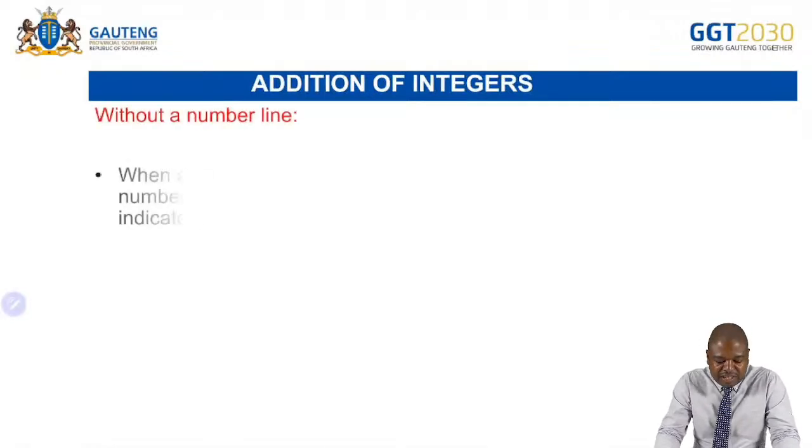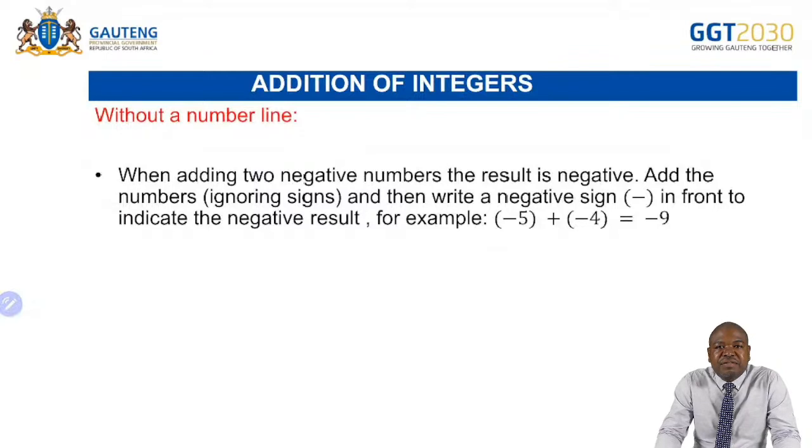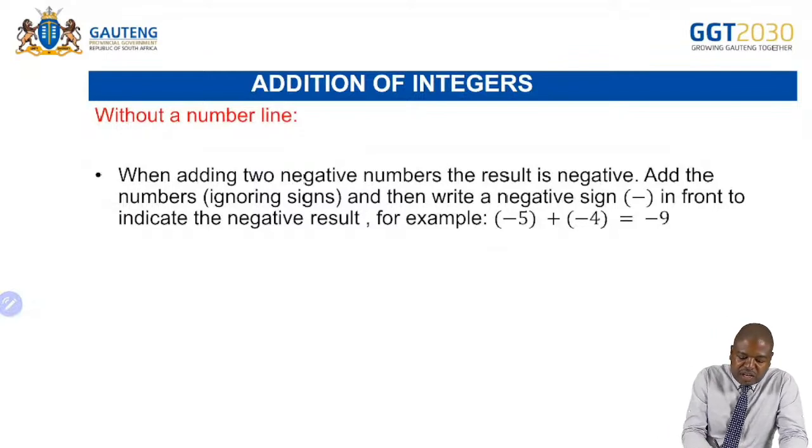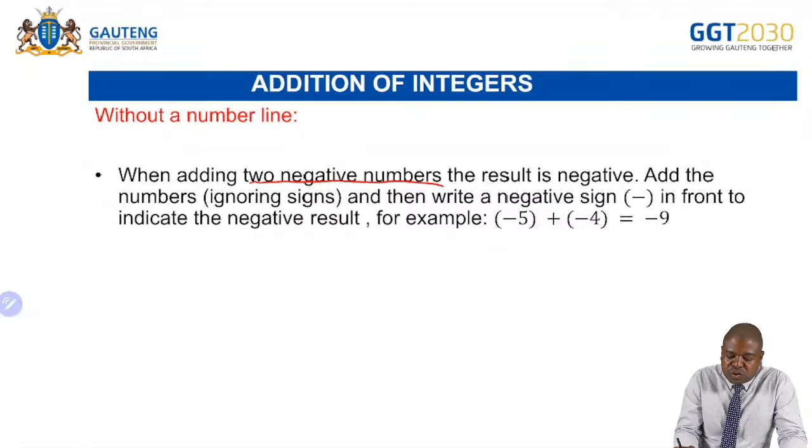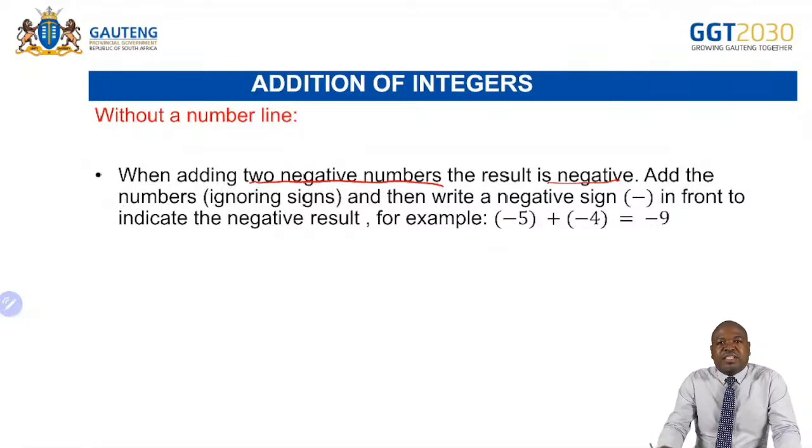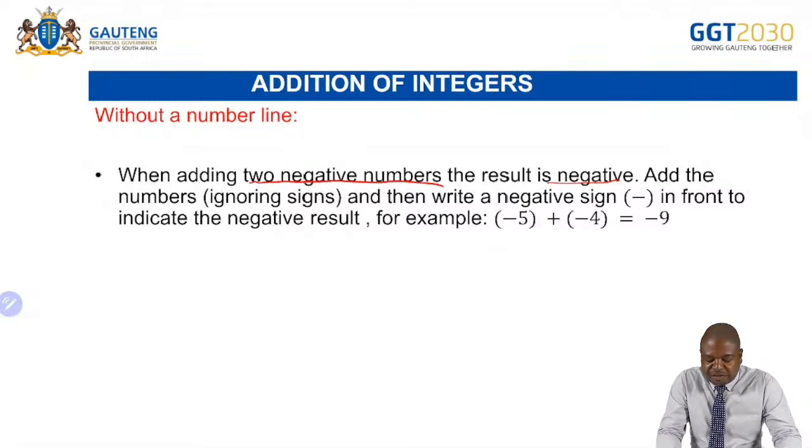Without a number line, when adding two negative numbers, the result is negative. You add the numbers, ignoring the signs, and then write the negative sign in front to indicate the negative result.